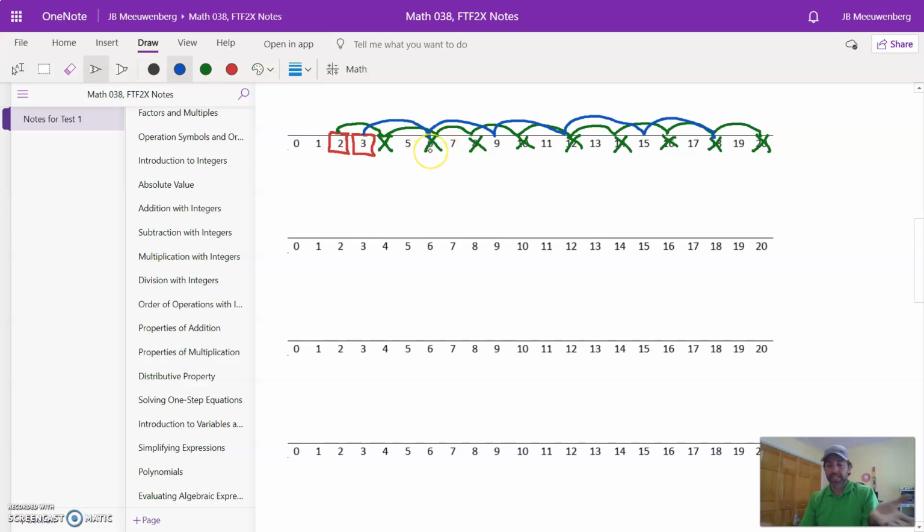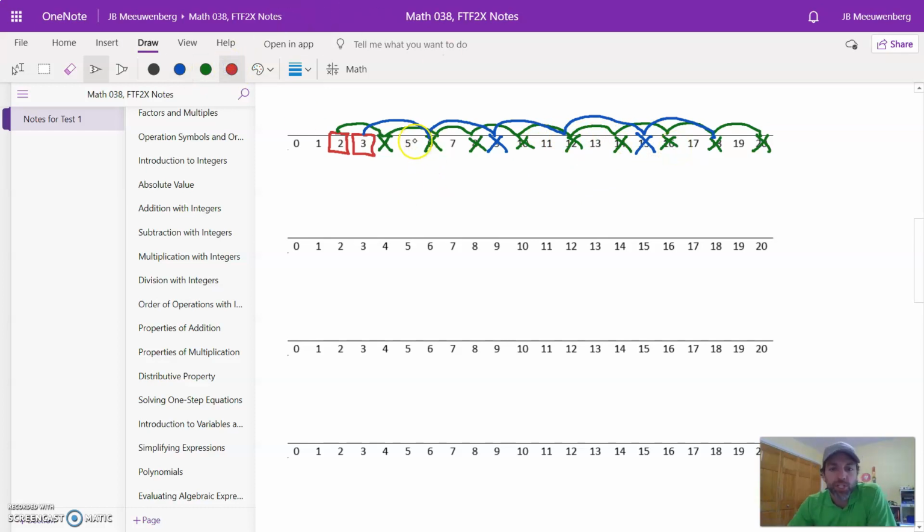Like 6 is a multiple of 2 and a multiple of 3. So it's definitely composite. 9 was not crossed off before. It was an odd number, so it's not a multiple of 2, but it is a multiple of 3. So we're going to cross that one out. We're also going to cross off 15. So we're narrowing our list down.